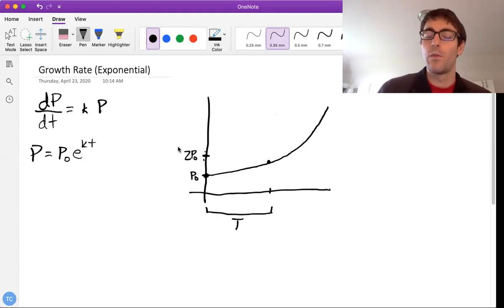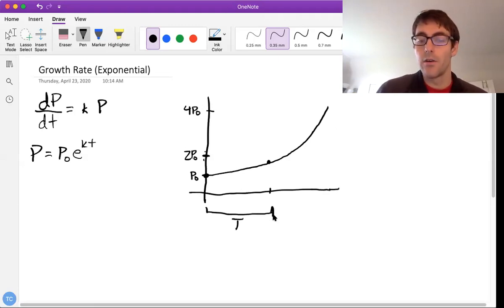So when we came from our 2 P naught, that's going to take us up to 4 P naught. So 4 times our original after another one of these time intervals.